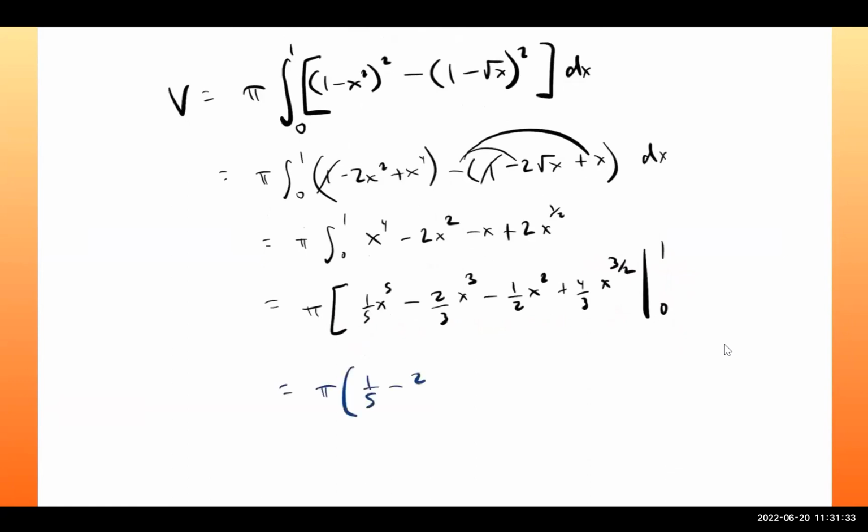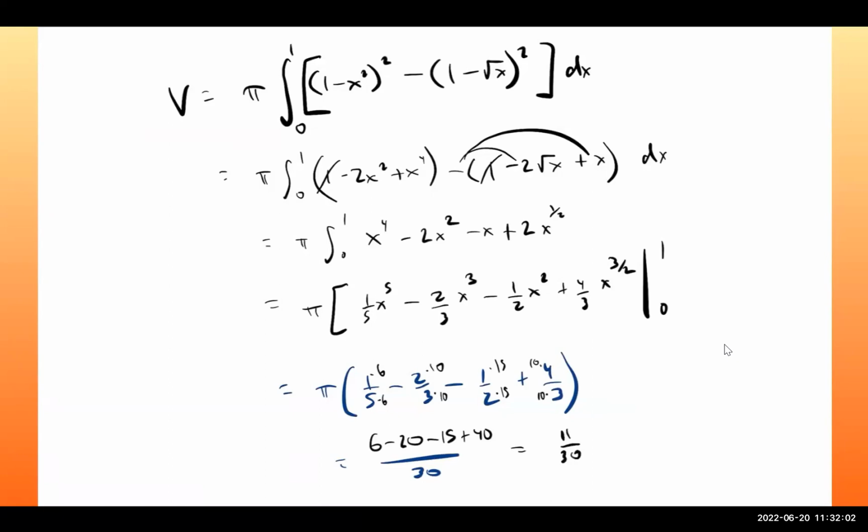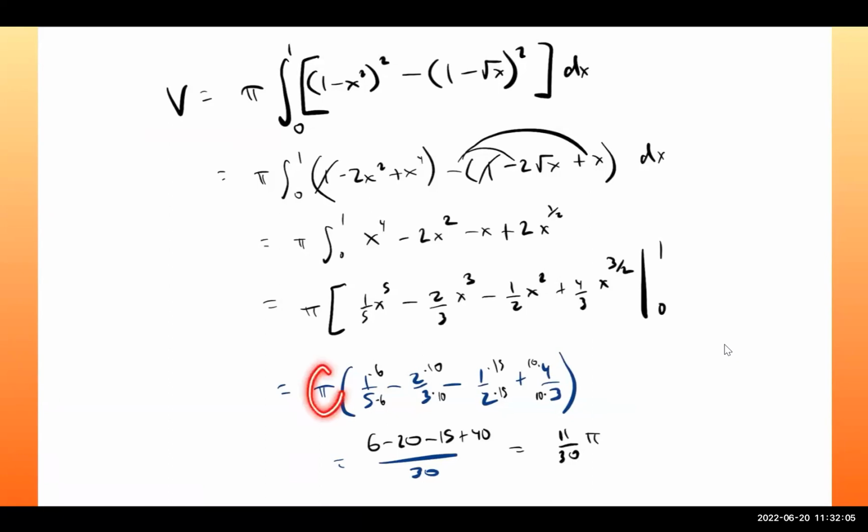It's simply going to be 1/5 minus 2/3 minus 1/2 plus 4/3. And with our common denominator of 30, that's going to be 6 take away 20 take away 15 plus 40, which is going to be 11/30 times pi. The pi is here, and that is our final answer.